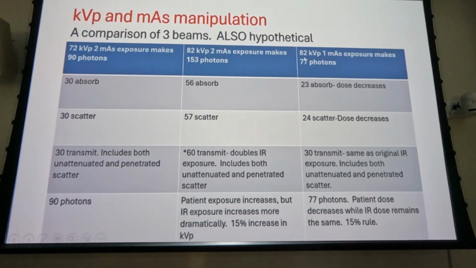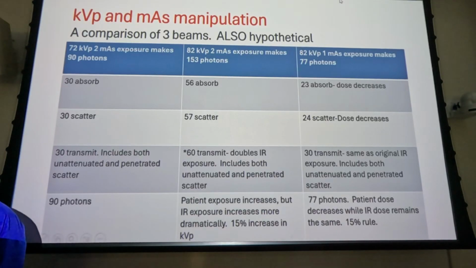Okay, so let's go to the next one. We applied the 15% rule. We've got 82 kVp at 1 mAs, so we've got the same image receptor exposure. So then we've got absorption decreased, scatter decreased. All right? And then we've got the same image receptor exposure. So what happens as kVp increases is, if the only thing that we increase is kVp, then scatter is going to increase.